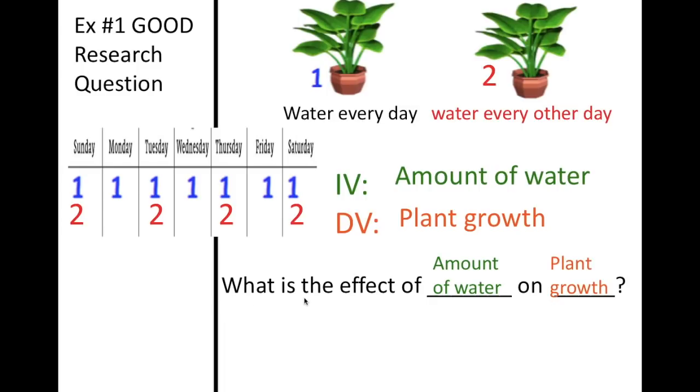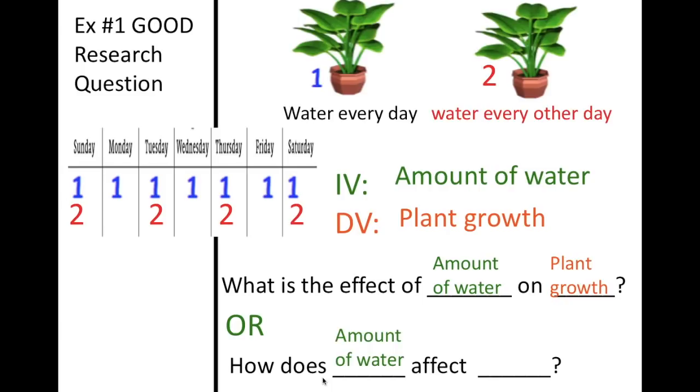So if you have a question that is, what is the effect of the amount of water on plant growth, then this would be a correctly formatted research question. You can also use the second formatted question, which would then be, how does the amount of water affect plant growth? Both of these would be correct.